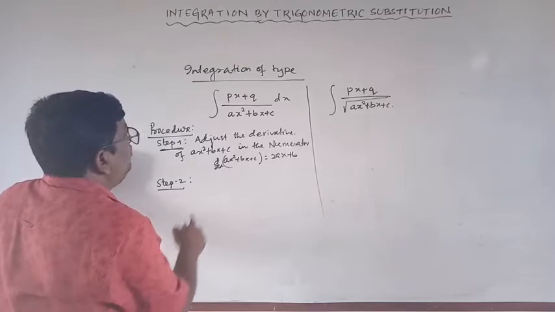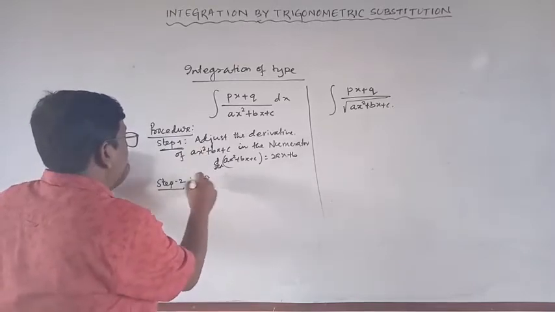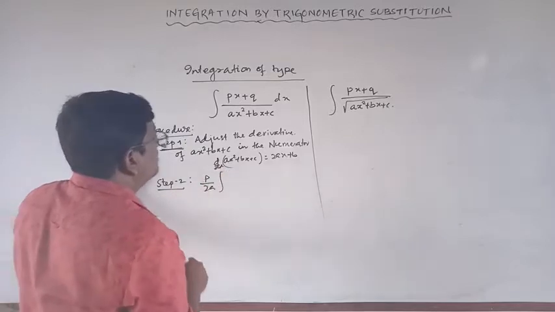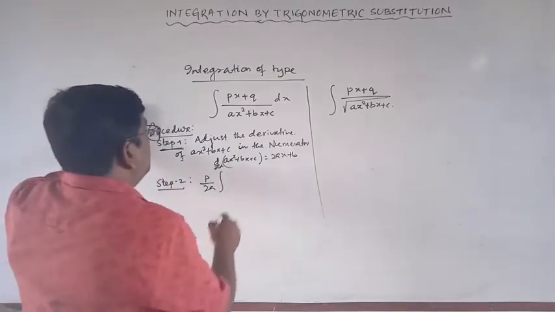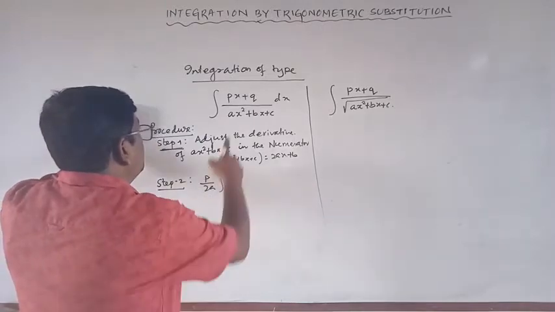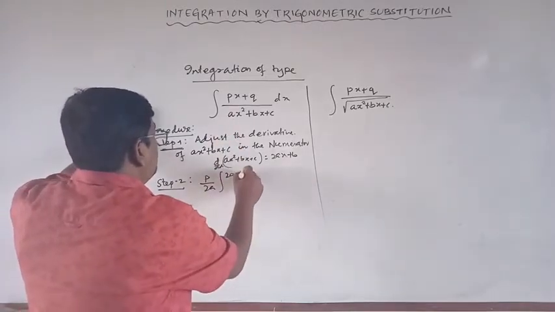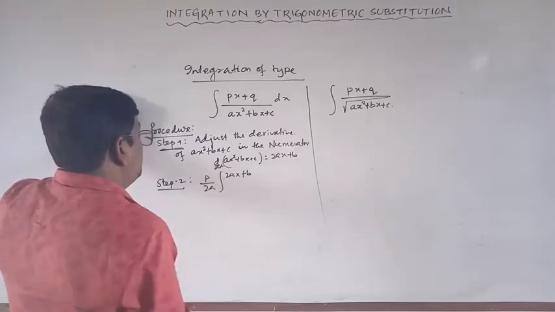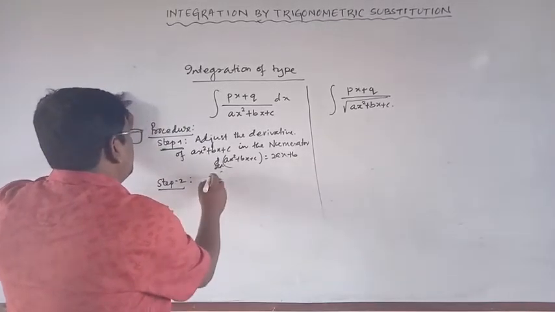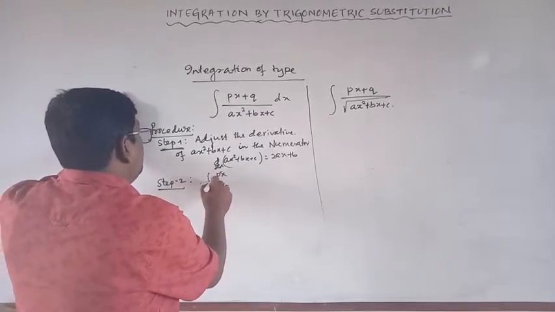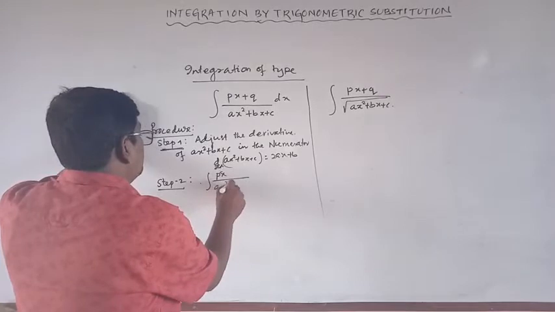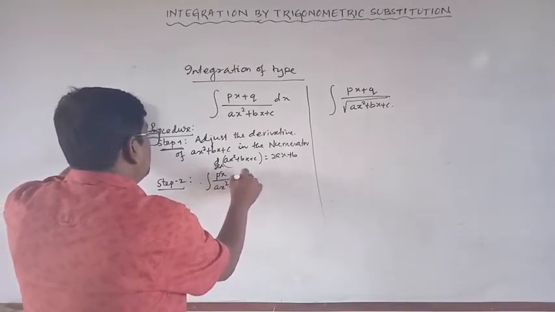Step 2: this is equal to p by 2a common, into (2ax + b). Correct? We can write one more step here. Suppose this is the integral of (px + q) by (ax square + bx + c) dx.